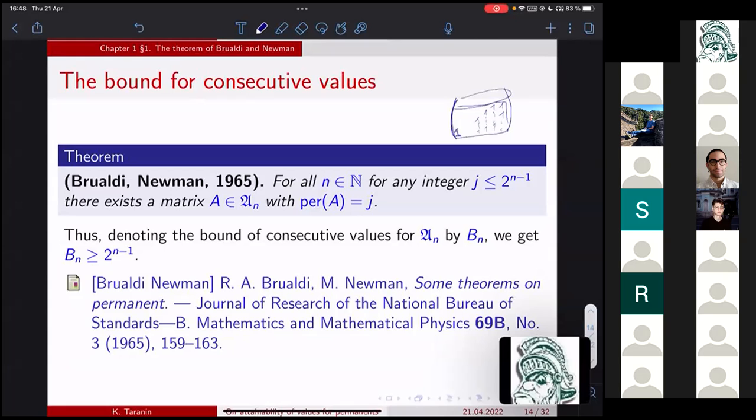If you fill it with unity here, you get permanent 1. If you fill it with zeros only, you get permanent 0. After that, they just fill it with 1 here, and in the remaining part, they write the binary representation of j minus 1, and this gives permanent equal to j.